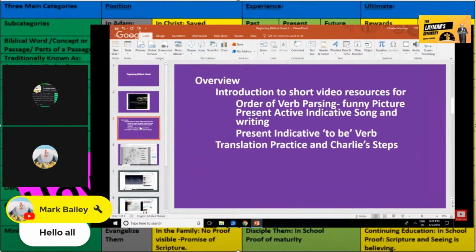We're also going to talk about the present active indicative with song and in writing, and the to be verb as well. We're also going to do a little bit of show practice, at least how it would look on paper already done, and some of the steps that I use whenever I'm translating or doing these exercises.